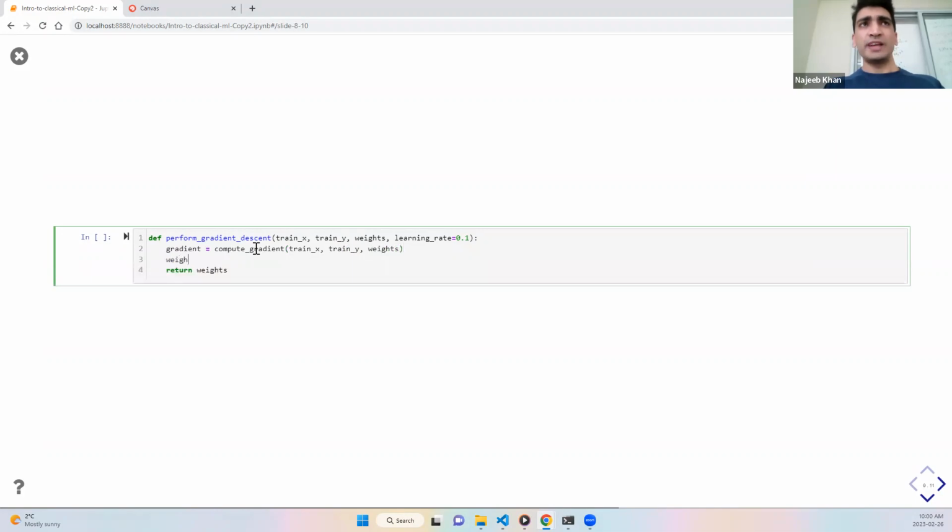And then the new weights would be equal to the previous weights minus learning rate times the gradient. And that becomes our new weights. And so this is one step of the gradient descent algorithm.